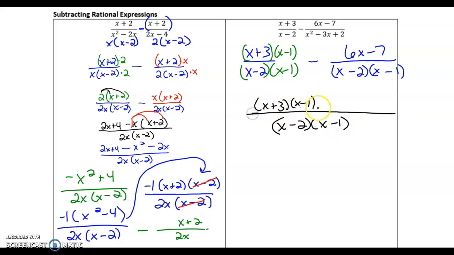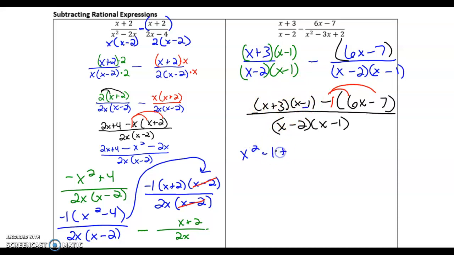So we're going to have to FOIL this first part. Now be careful. Here's where you've got to be careful with that minus sign. That goes to everything in the parentheses. Everything on the numerator there. So we've got to think of that as like a -1 and distribute. So if I FOIL this first part, we've got first. We can do outside is -1x and inside is positive 3x.